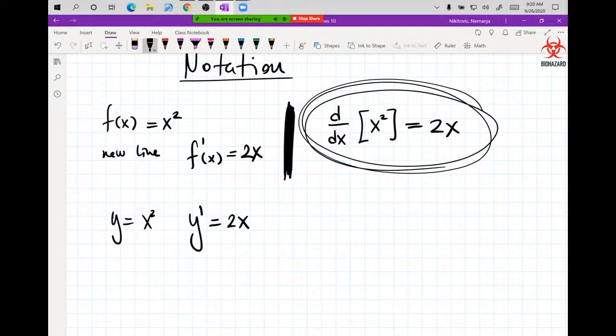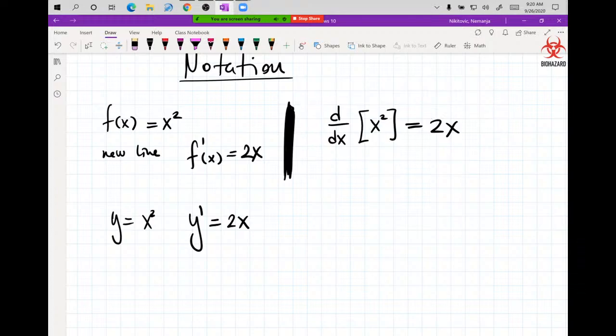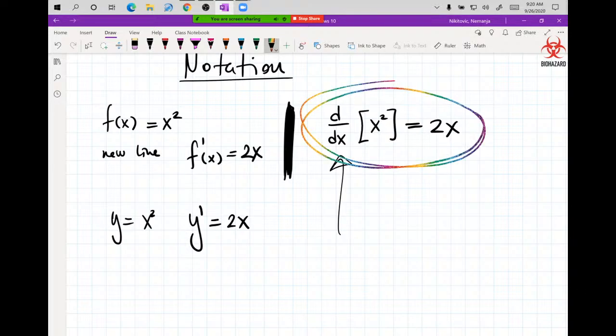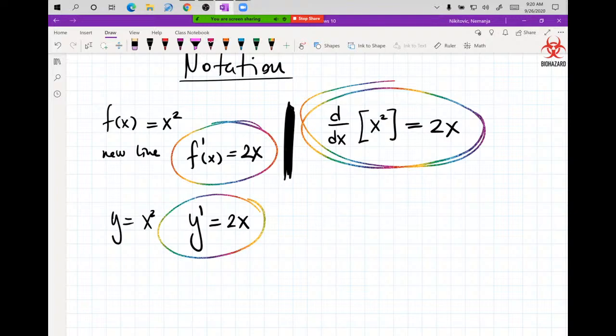And most of the time, I am using the one on the right, and the reasons for that will be stated later in chapter 3, when I point out why this notation is better than the others out of these 3 notations technically for the derivative. So you have 1, 2, and 3. The rainbow color, love it. This is absolutely the worst one of all.